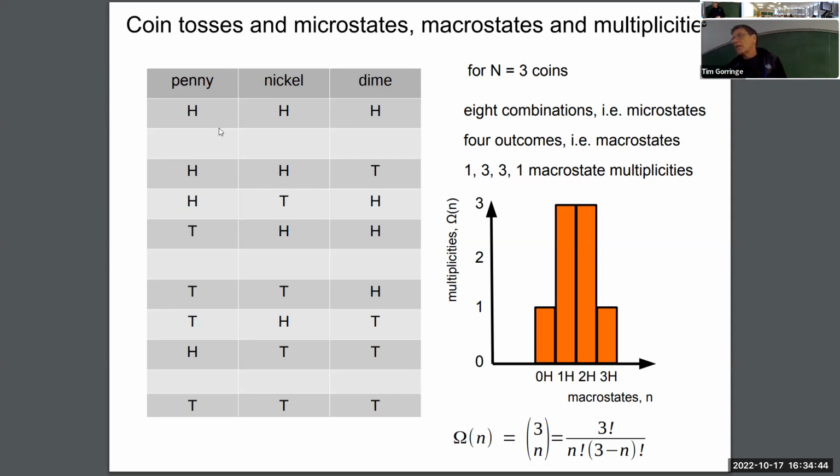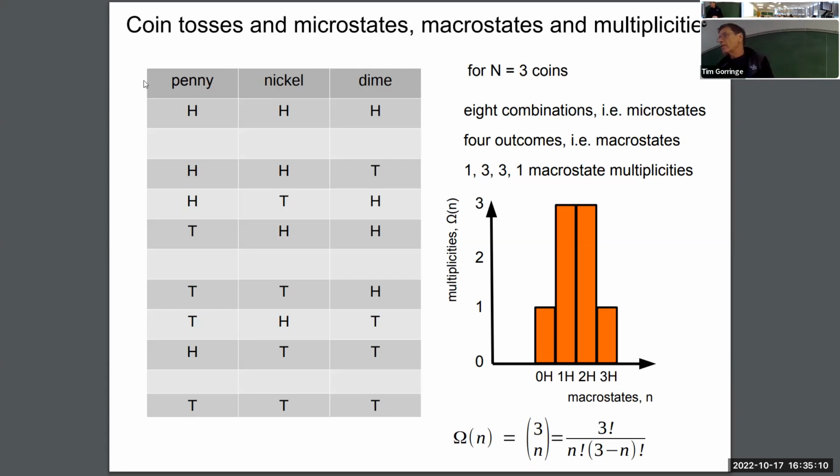And then these 4 possible outcomes. So the 4 possible outcomes are: you get no heads, you get 1 head, you get 2 heads, or you get 3 heads. Those 4 distinct outcomes, I'm going to think of those as being the macrostates of this three coin system.